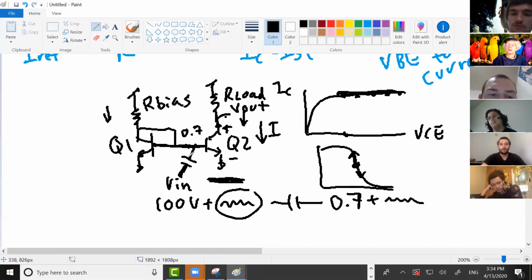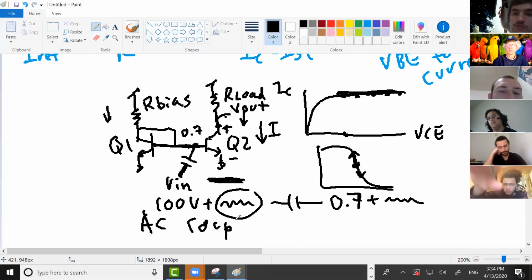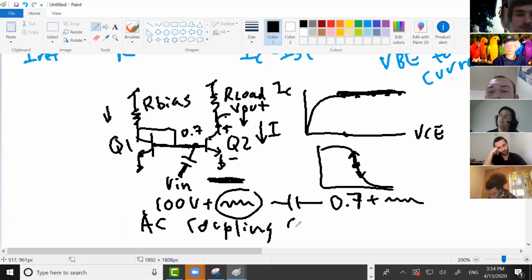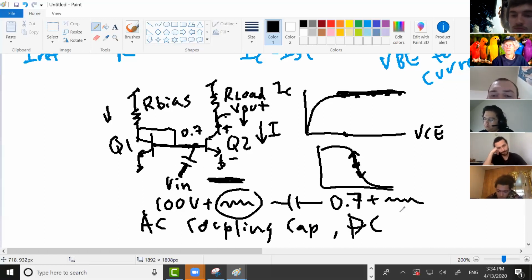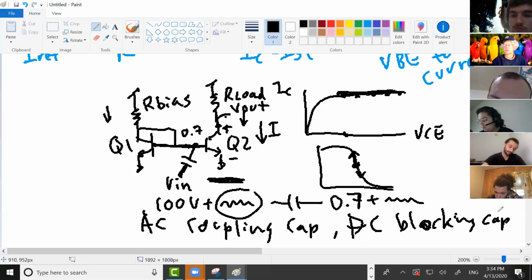You'll add this. There's one problem with adding this capacitor, and this is called an AC coupling capacitor, or it's also called a DC blocking capacitor. This side is like a voltage source.